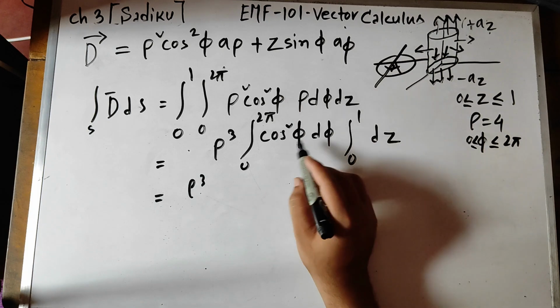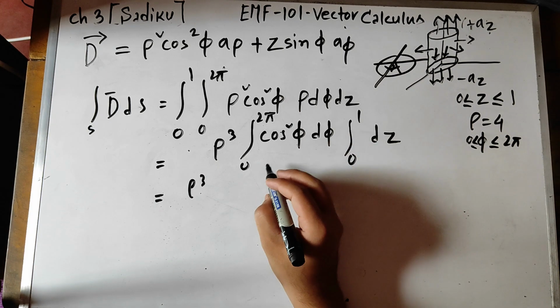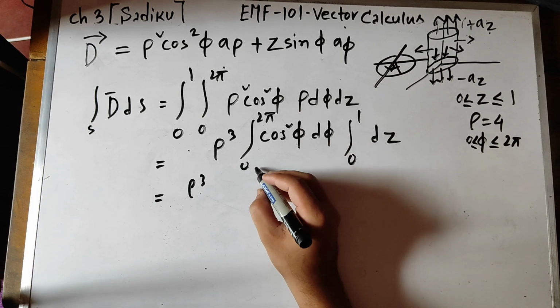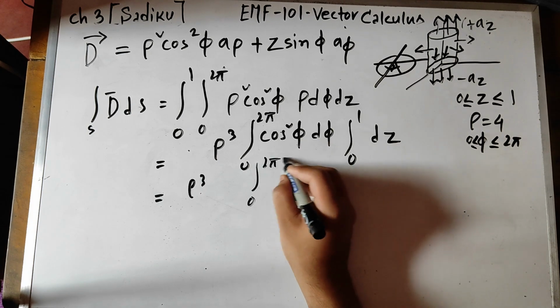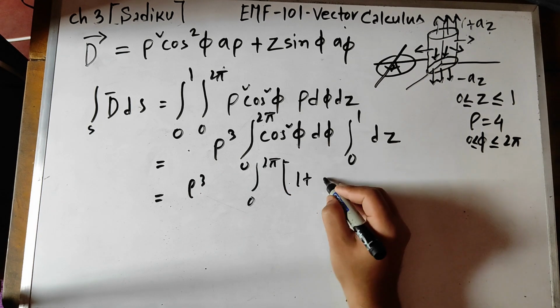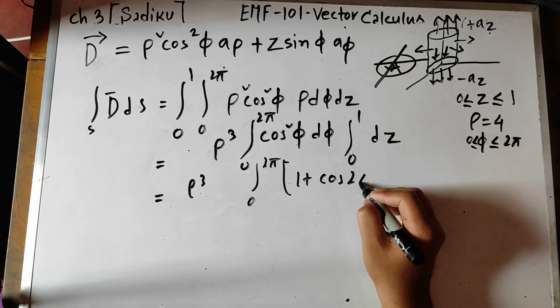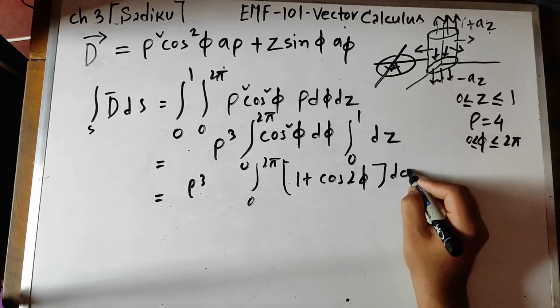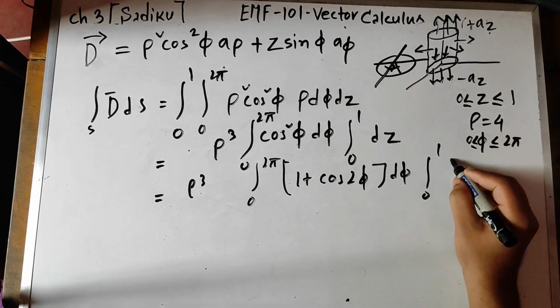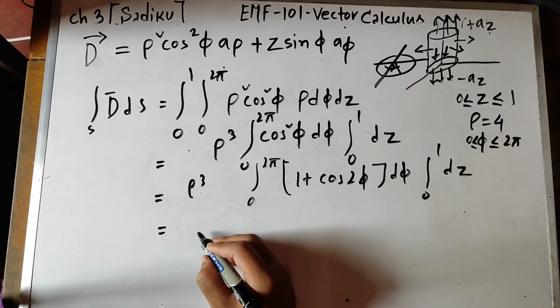From the trigonometric formulas, this becomes 2 pi, 1 plus cos 2 phi d phi, 0 to 1 dz.